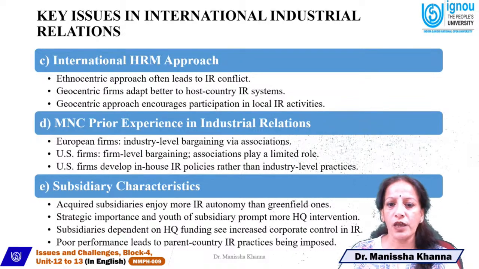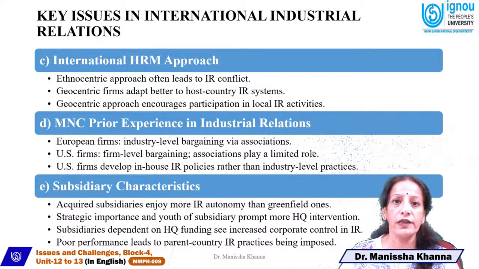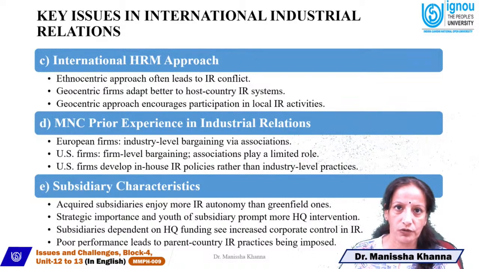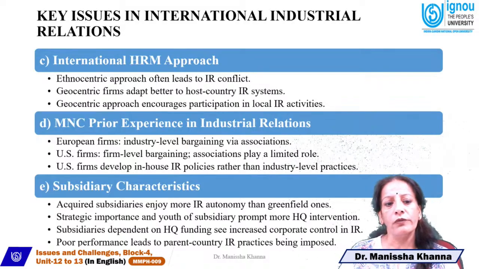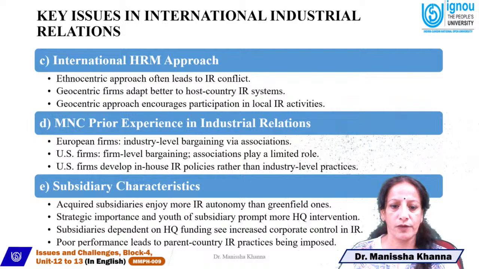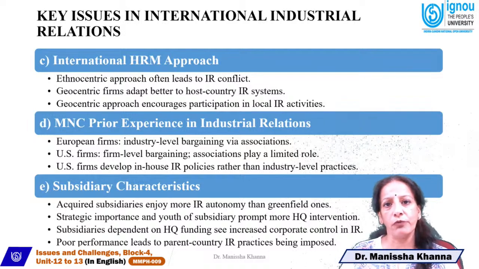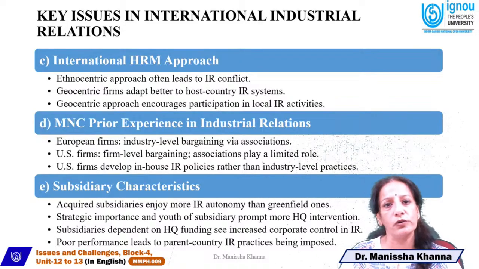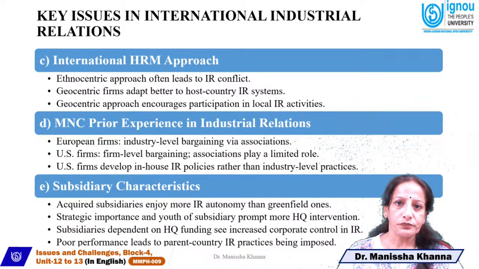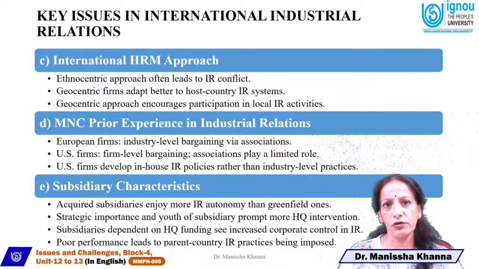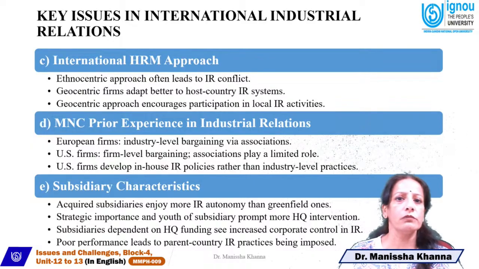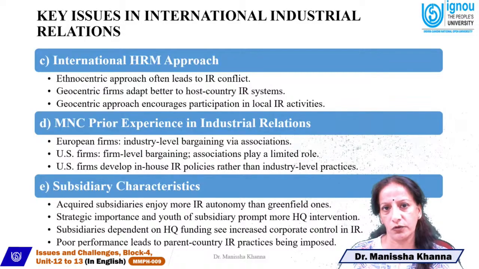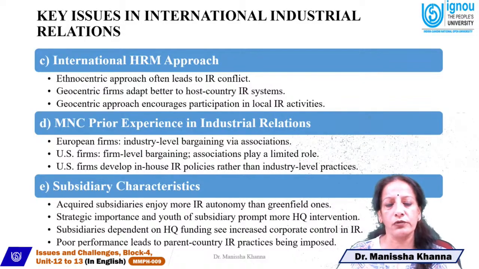European firms have industry-level bargaining via associations, where they do all the collective bargaining. Whereas US firms have firm-level bargaining, and associations play a very limited role. US firms develop in-house IR policies rather than industry-level practices. They have their own strategies and policies, which depend on their own experiences of prior cases.